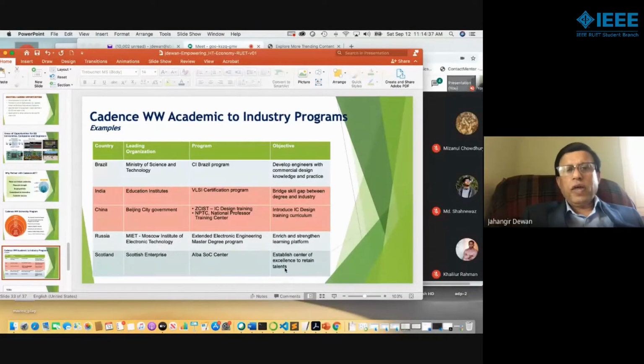And we need to influence our government through your academic system, through your vice chancellor, through your administration, and maybe combining all the vice chancellors together, make one single body and lead the effort, and go to the education ministry, go to the UGC, go to the ICT ministry, and tell them that this program has had success in other countries. If India can be successful, we are next to them, why can't we be successful? And we have proven that in the garment sector and maybe other sectors, pharmaceutical sectors. Why can't we do that?